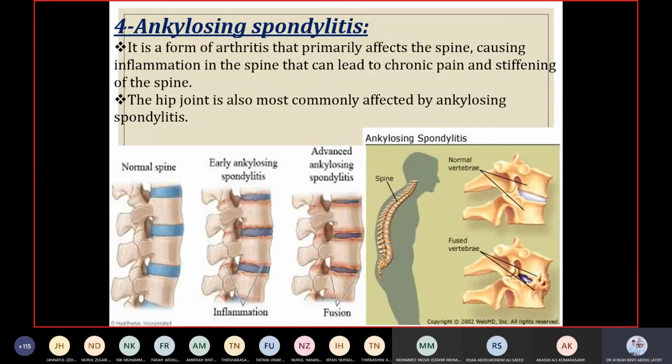In this case, it attacks the spine. This causes the vertebrae to fuse, or the discs to become smaller and finally fuse together. In turn, it shortens the spine or causes deformity of the spine, and this is called ankylosing spondylitis.